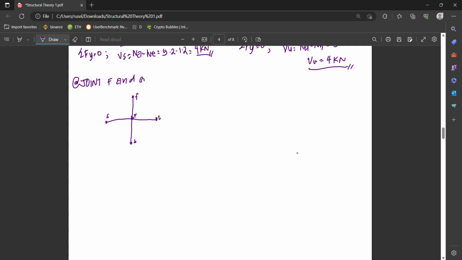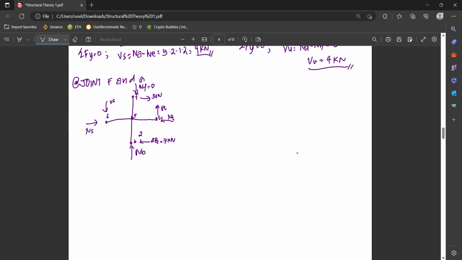And so, magkakaroon ka ng VS, your NS, NF mo na 0, shear mo dito na 3 kN, then your VE, VT, NT, yan, then your 2P2, ayan, 2P2 na tayo na 7 kN, and your NB.